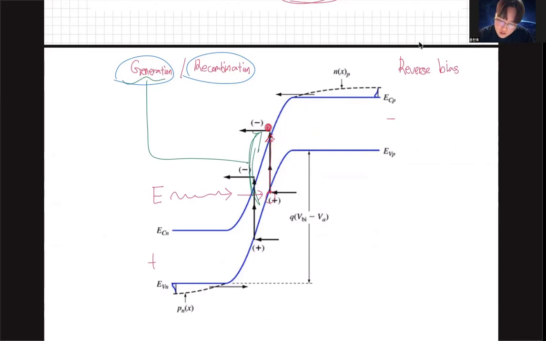And after this electron releases the energy to the outside, the electron will go down and combine with this hole. So the EHP, electron-hole pair, will go another way and release light or small energy.